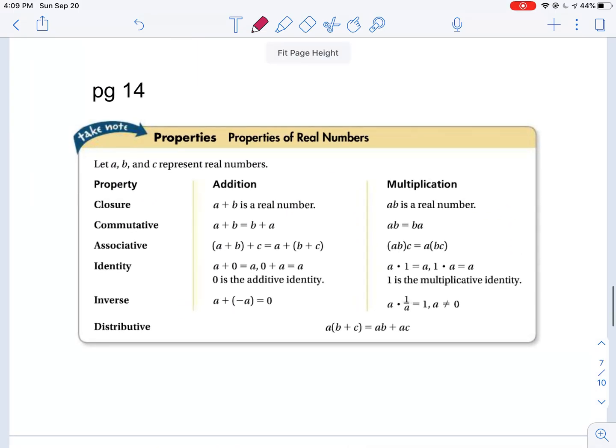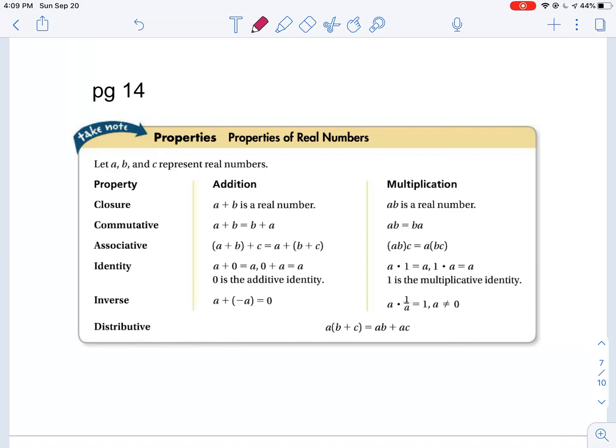Things we need to remember about the real numbers also are properties, okay? Now, hopefully you've seen these before, but there's some properties that all real numbers satisfy. The first of these properties is the closure property. And the closure property just means that all the calculations that you're doing with the real numbers will give you a result that is a real number.